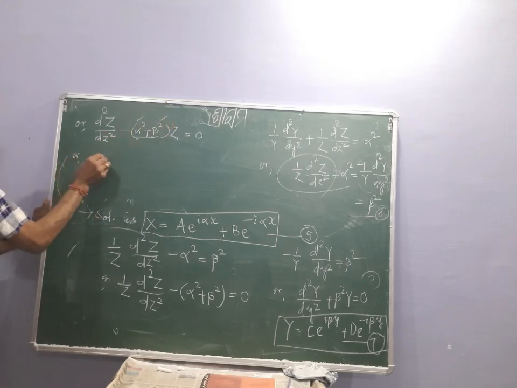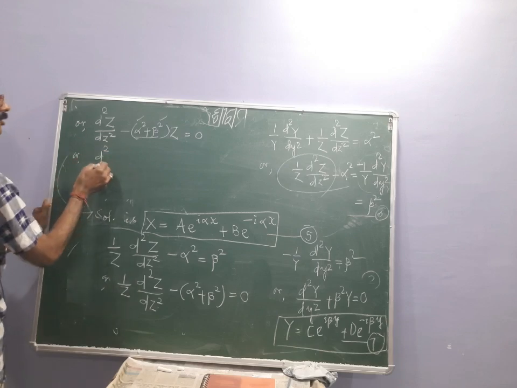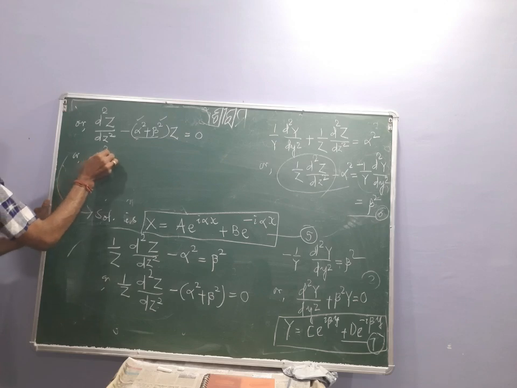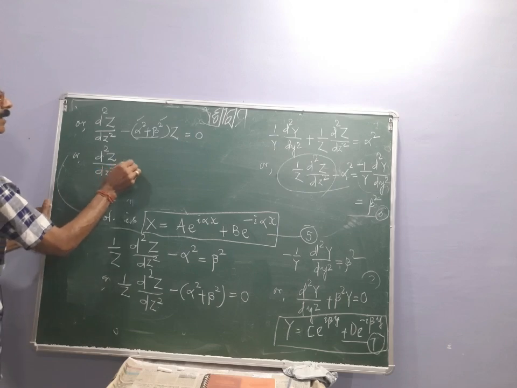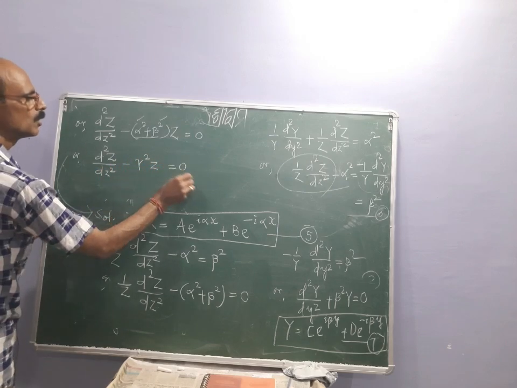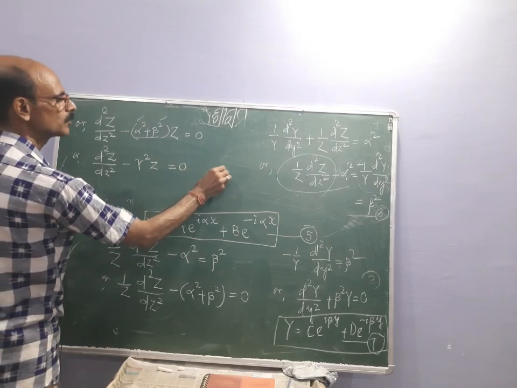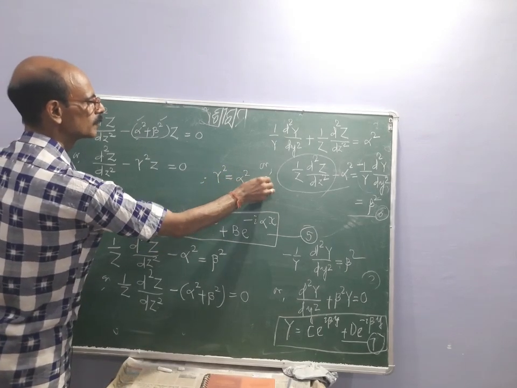So I can write d square Z by dz square minus gamma square Z is equal to 0, where gamma square is equal to alpha square plus beta square.